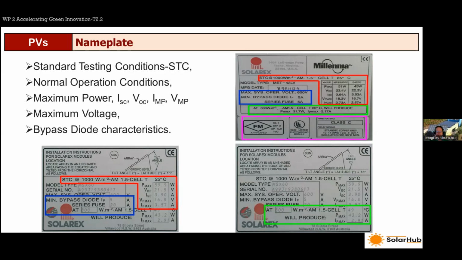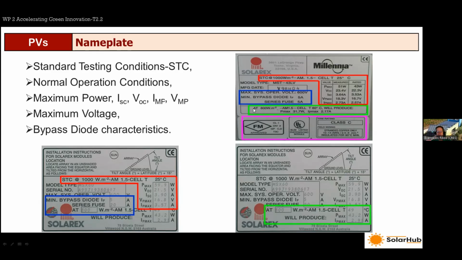Outside now it's like 35 degrees. So the cell temperature in a real system right now could be over 50 or 60 perhaps degrees. So one needs to know the performance of the module in more realistic conditions. So often these are provided here.